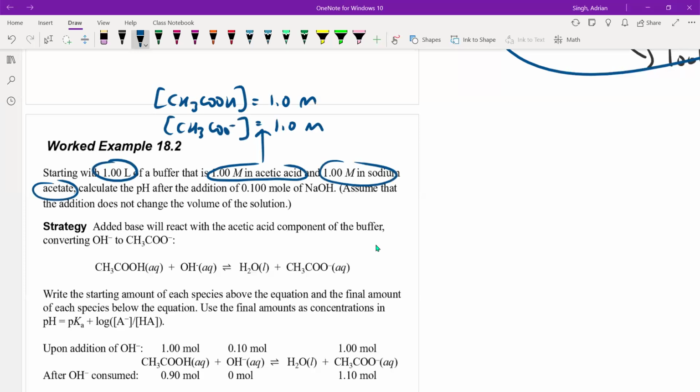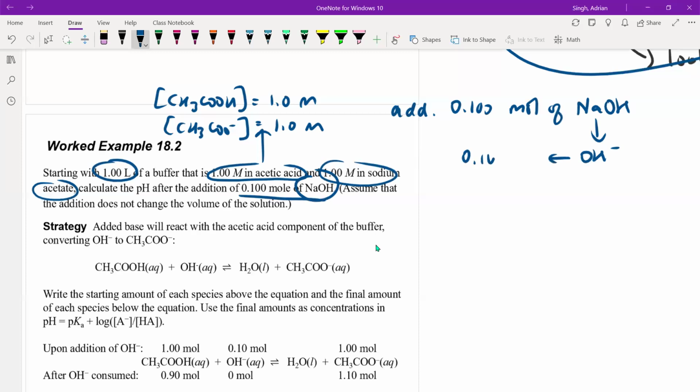And then we're adding now to this 0.1 mole of sodium hydroxide to this buffer system. Okay, sodium hydroxide will give us the OH minus. So that would also be the amount of the OH minus, and because this is in 1 liter of solution, that'll also be the concentration of the OH minus.